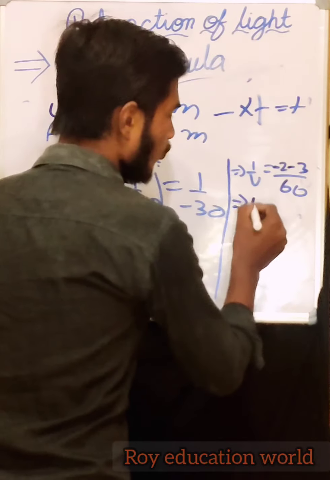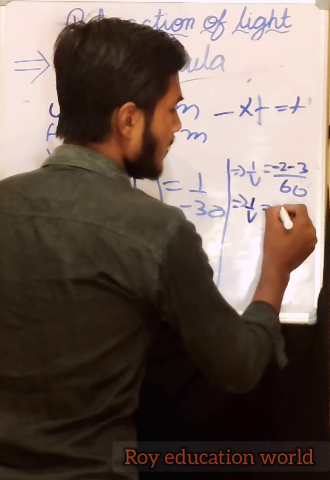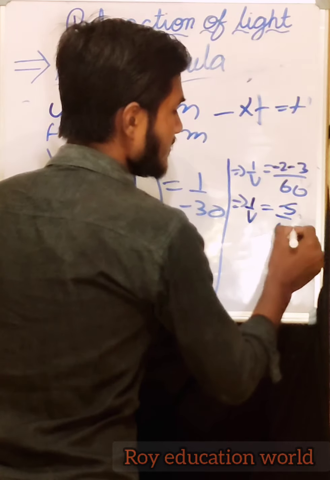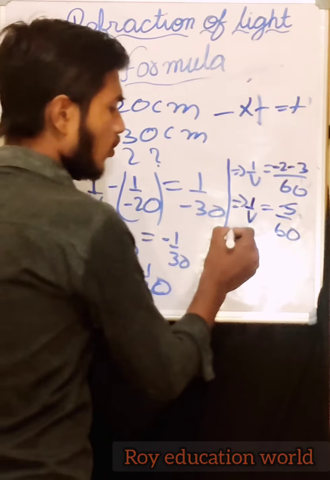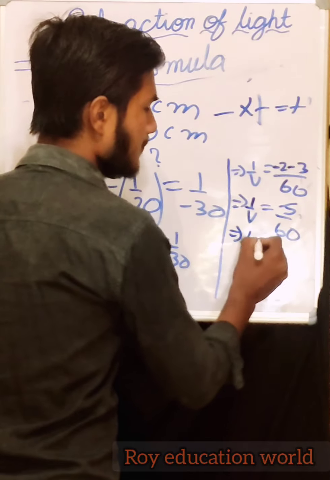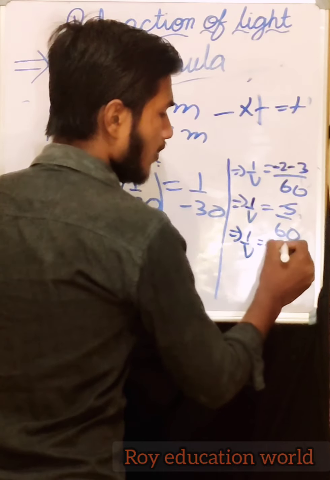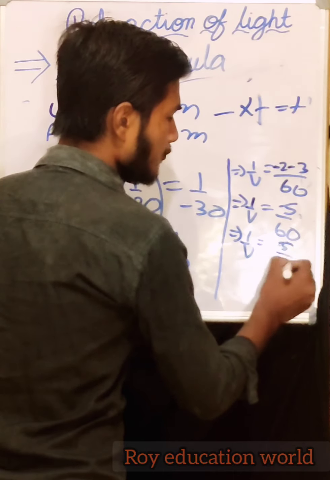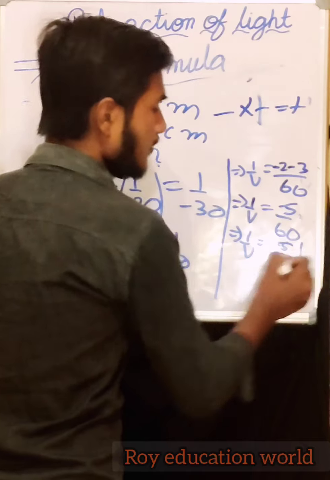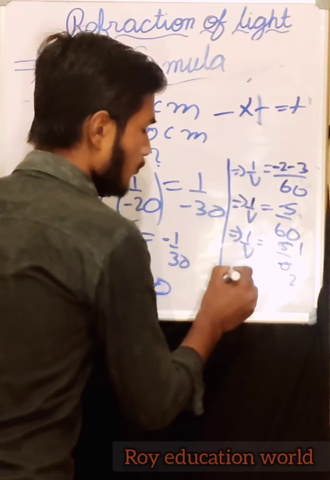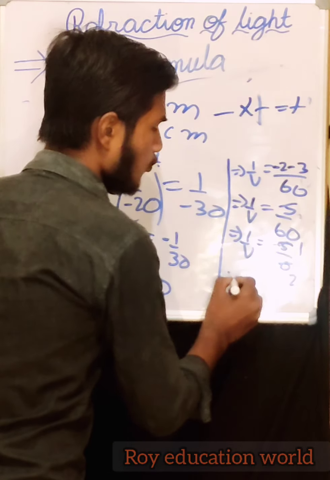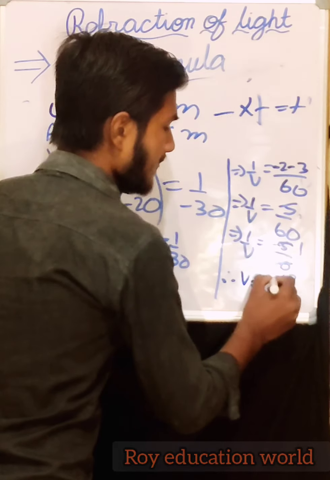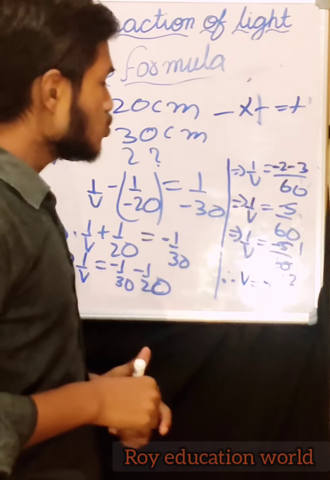Then it is going to be 1 by v equals minus 5 by 60. So it is going to be 1 by v equals minus 1 by 12. So v equals minus 12.